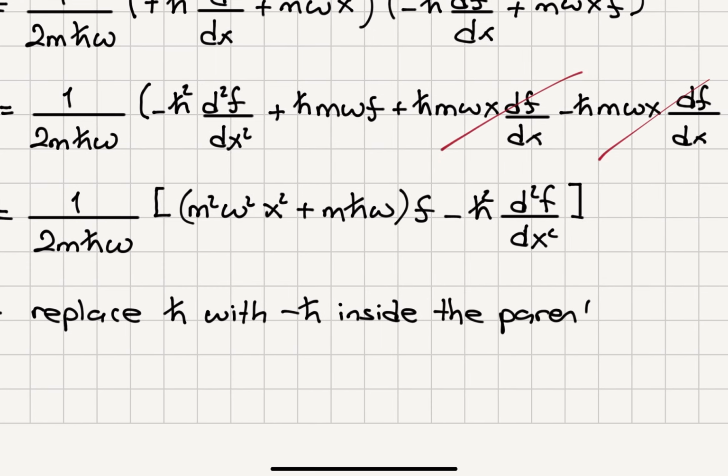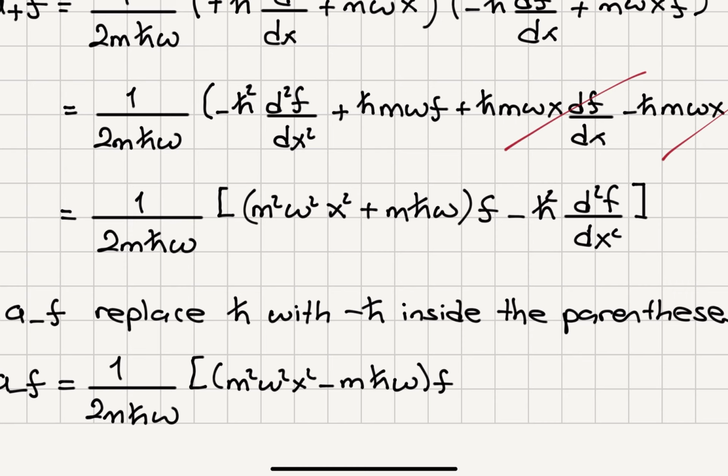Now this h bar has changed sign, so this is minus m h bar omega times f. This h bar changes sign, but it's squared, so that doesn't affect this term. Minus h bar squared d squared f dx squared.